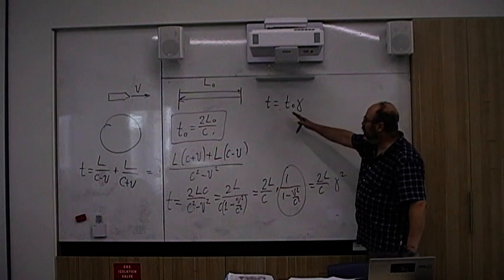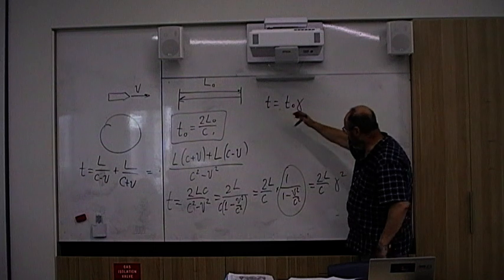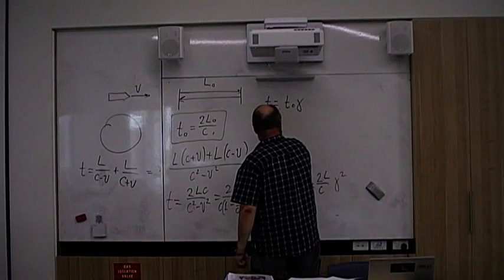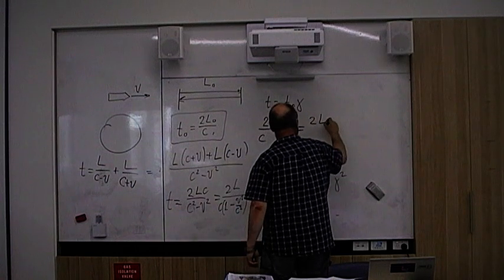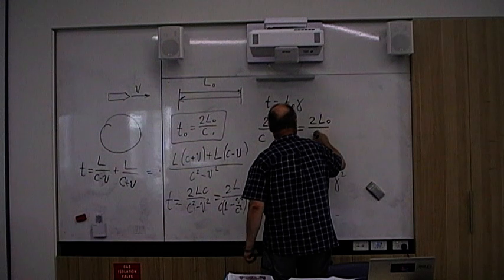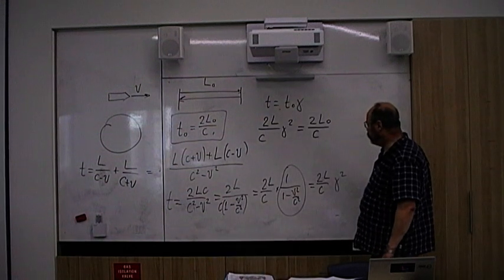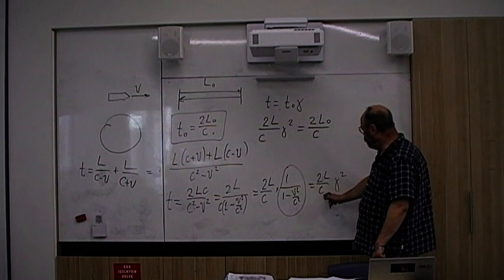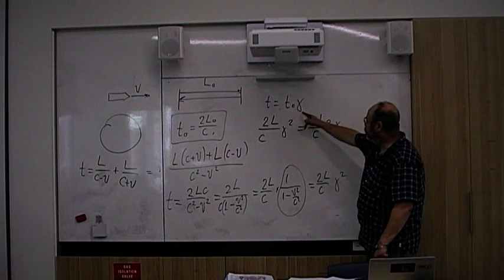Let's substitute T0 and T here. We have T equals 2L over C times gamma squared, and T0 equals 2L0 over C, and T equals T0 times gamma.